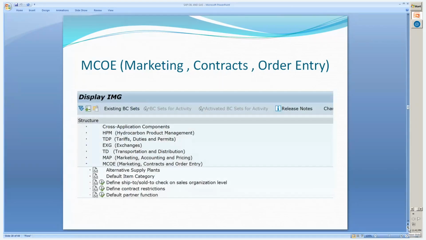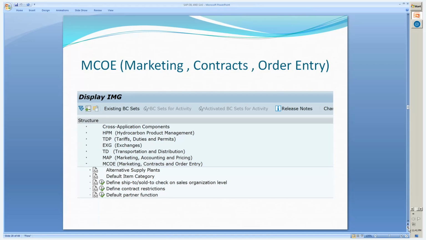Now comes the continuation of marketing and contracts order entry. The scope of configuration is highlighted here, like alternate supplying plant. Using certain criteria, we'll be able to set up the automatic determination of the plants, default item category configuration and determination. Then define ship-to party and sold-to party checks at the sales organization level, contract restrictions, and default partner function.